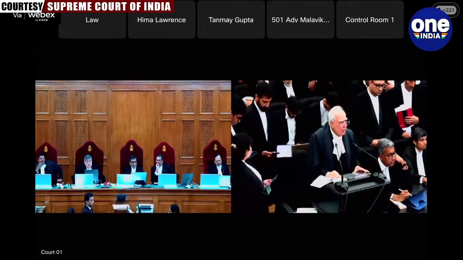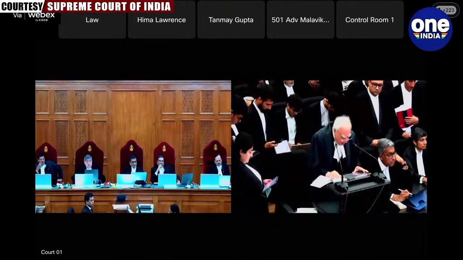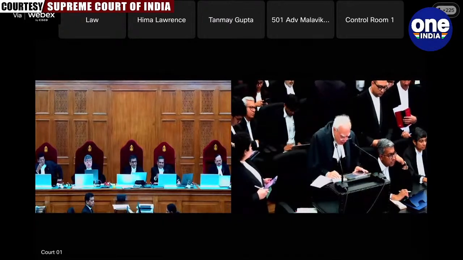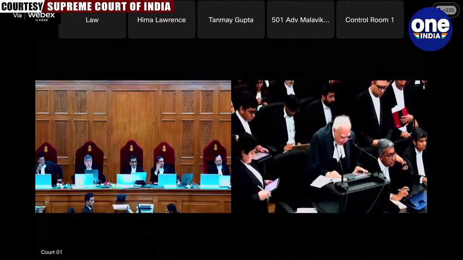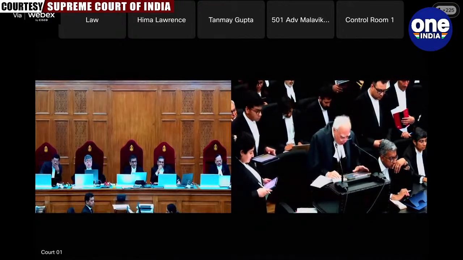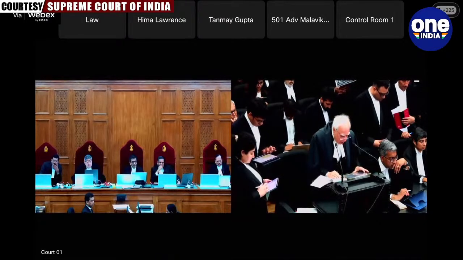Now read it with me. The order may be called the Constitution Application to Jammu and Kashmir Order 1950, which shall come into force for the purposes of subclause B1 of clause 1 of Article 370 of the Constitution.